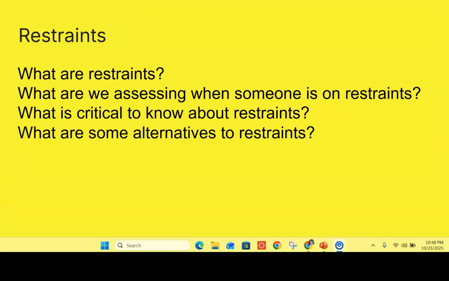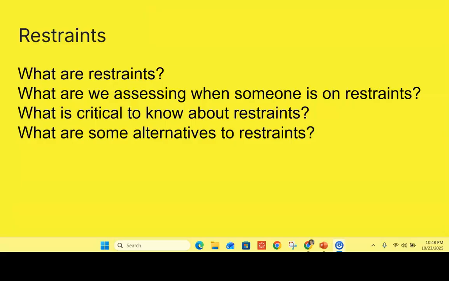So what are we assessing when someone is on restraints? It depends on facility policy, so you will always want to check your facility policies, but in general, you're taking some vitals, you're assessing the patient's level of consciousness, their mentation, and assessing if they're ready to come off their restraints.